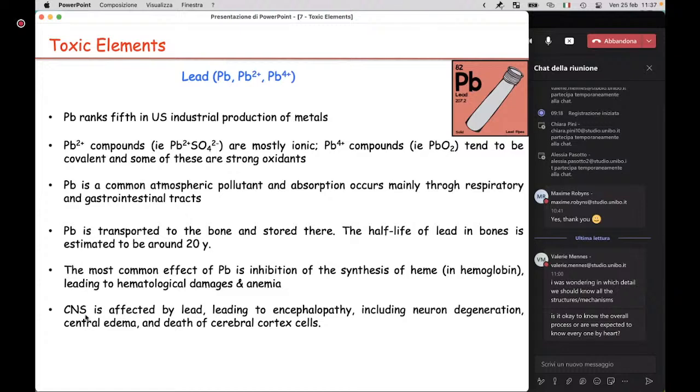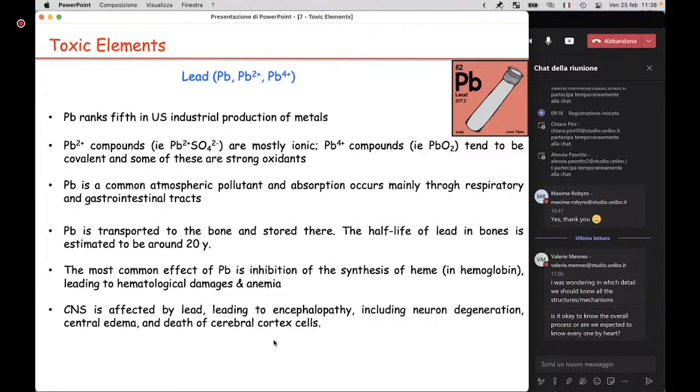Also, lead can affect the central nervous system and produce neuron degeneration, edema. It means swelling of the tissues, and cell death, neuronal death. You may imagine that the cortex of the brain is where our higher thinking happens.